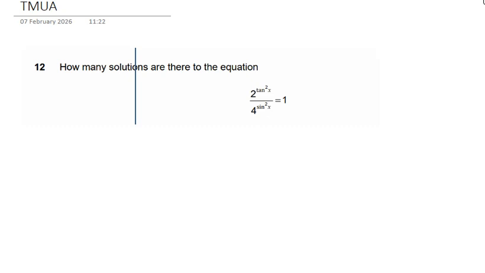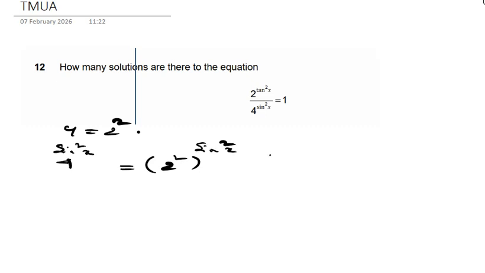Okay, so students, first look carefully at the expression. We see base 2 in the numerator and base 4 in the denominator. Whenever different bases appear in exponential form, our first strategy is to convert everything into the same base. And we know 4 is equal to 2². So 4^(sin²x) is equal to (2²)^(sin²x).